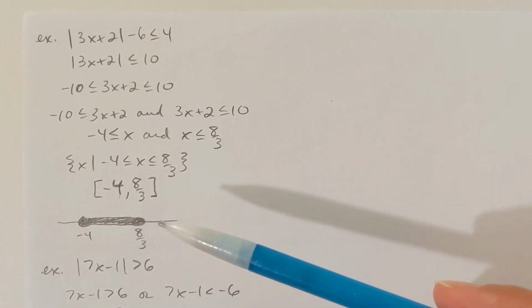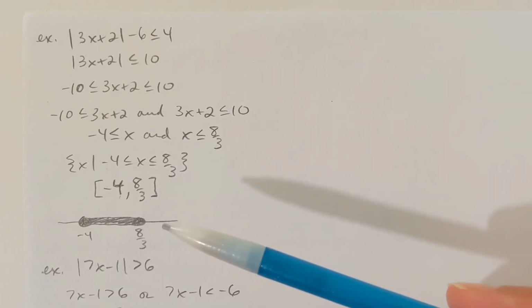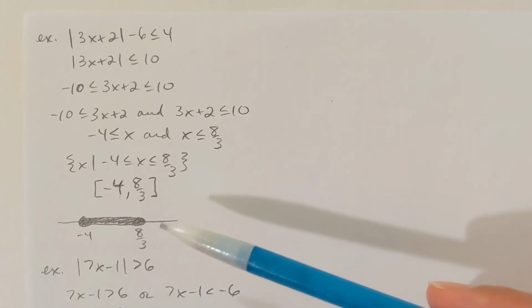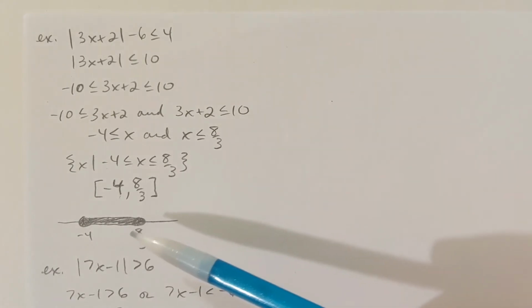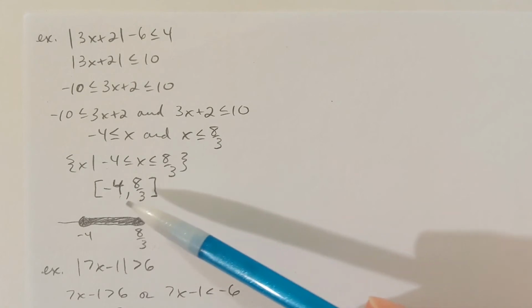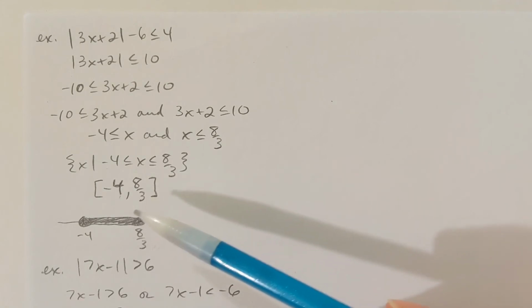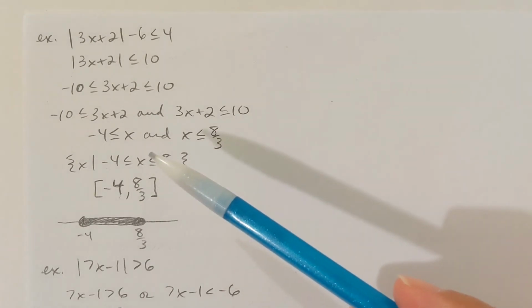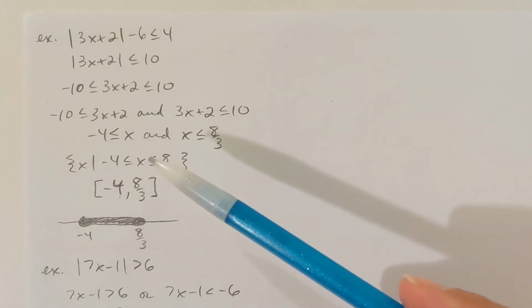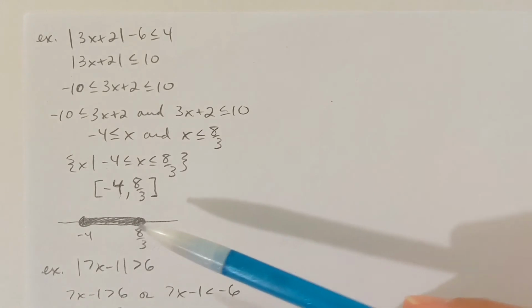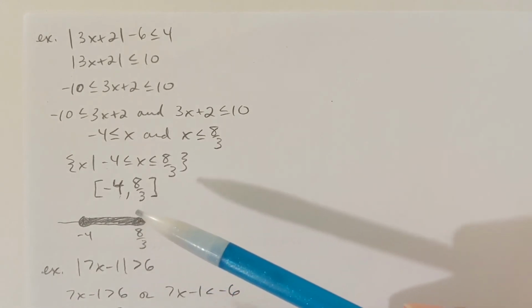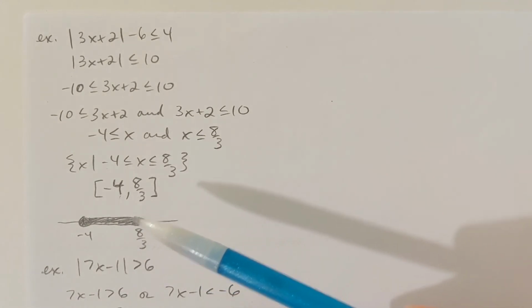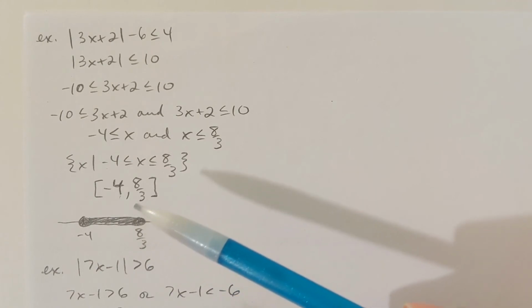On my answer key, I would have two circles, and here I'm shading both of them, and anything between those two is going to be okay for an answer. Anything that's on either side of those two numbers, I don't want.